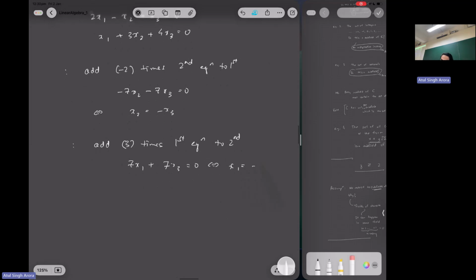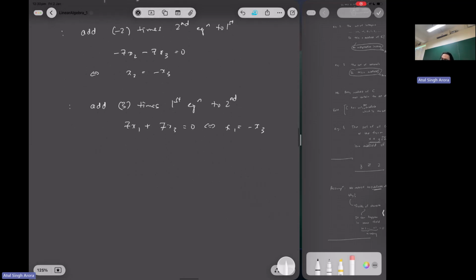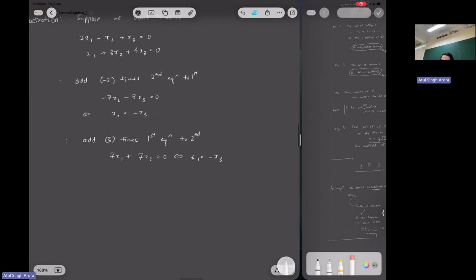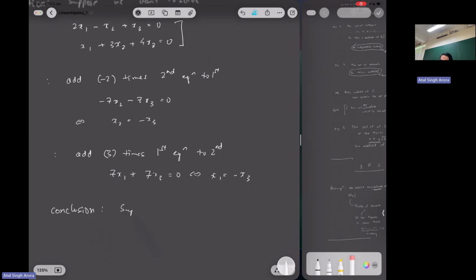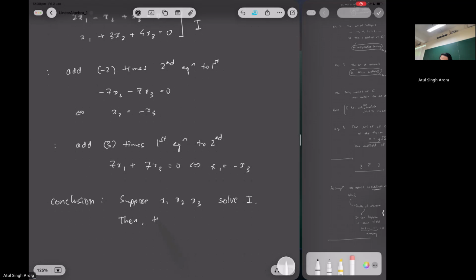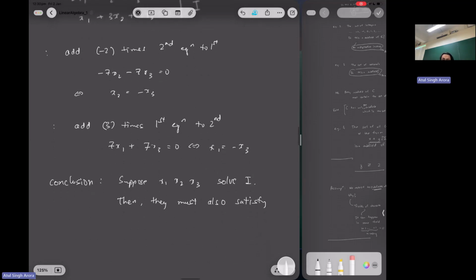So then x1 is the same as minus x3, okay? And so what do we conclude? Obviously the calculation is not really the big thing. What we conclude from this is that if you have a solution to this, so suppose x1, x2, x3 solve system 1, then they must also satisfy x1 equals x2 equals minus x3.